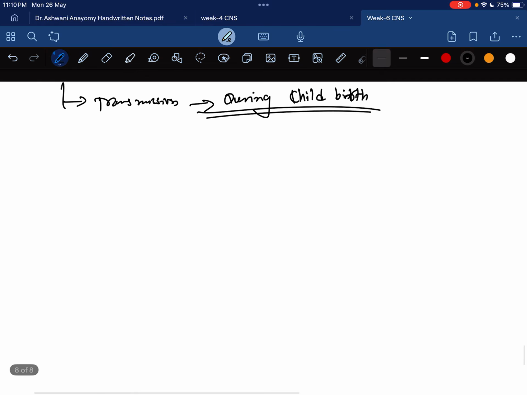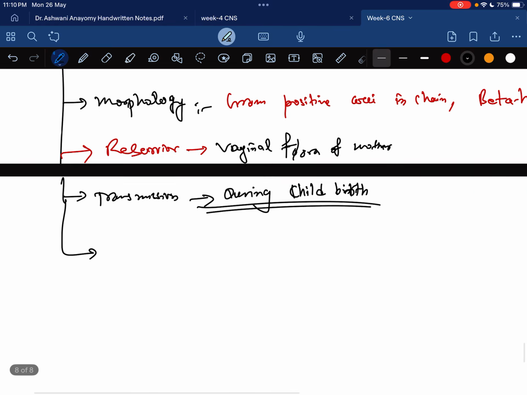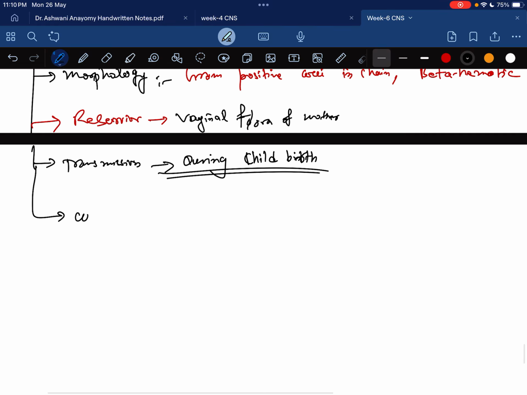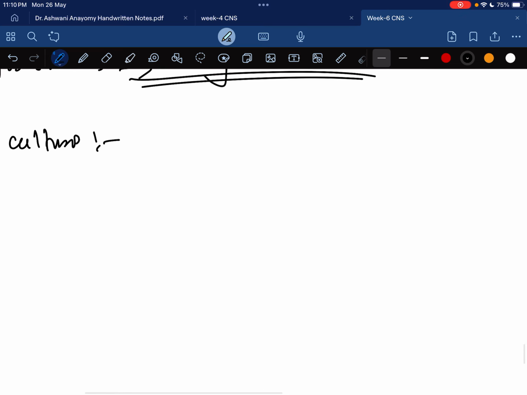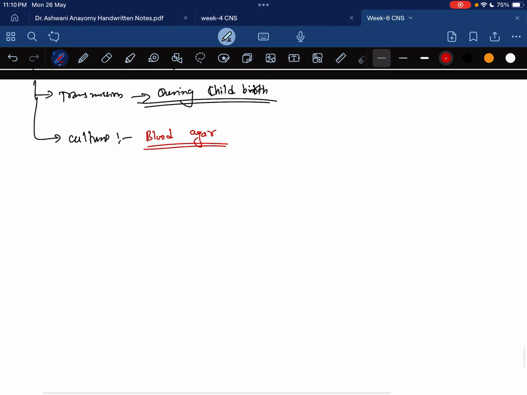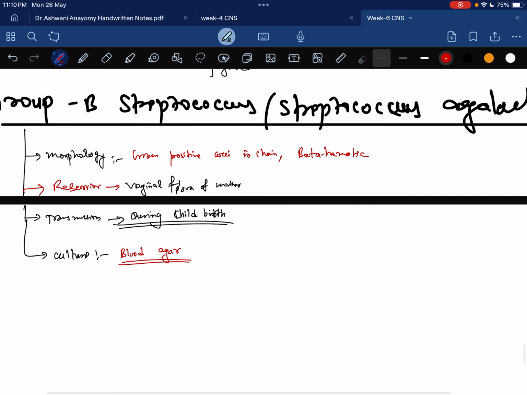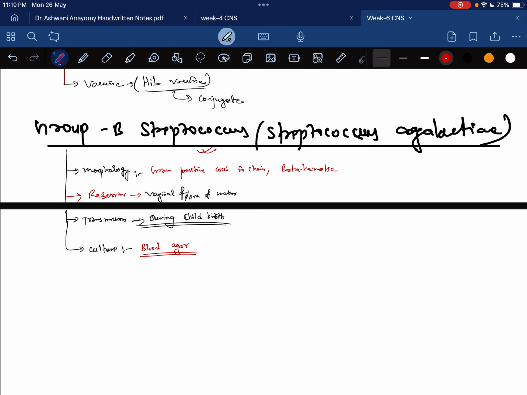When you look at the culture of this Streptococcus B, we can use blood agar. For prevention, we can give intrapartum antibiotics to GBS positive mothers. If the mother is positive for this bacteria, we give intrapartum antibiotics.